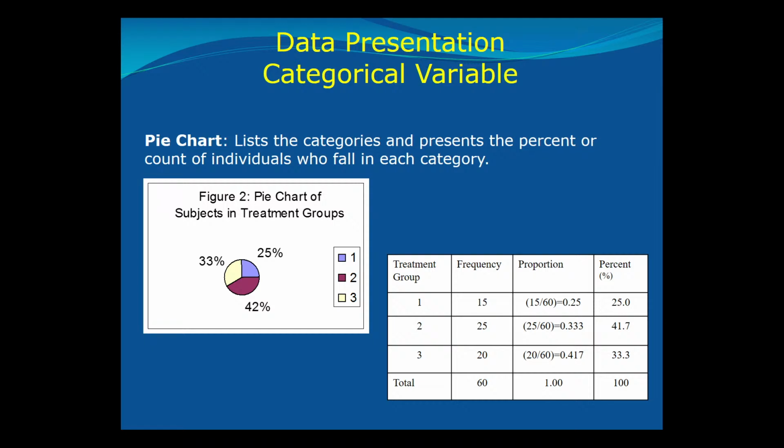So look, there is a name of the graph and a legend box with explanation of what each part is for. Or we can use frequencies, proportion, and percent for each treatment group.